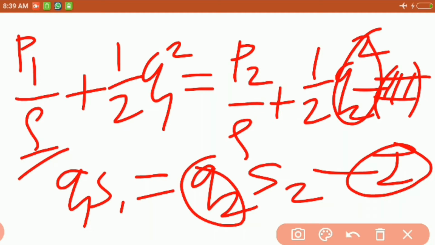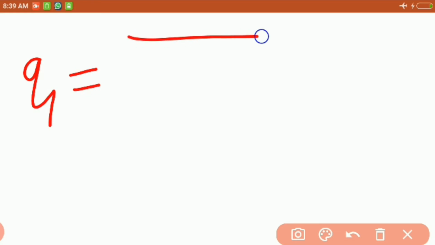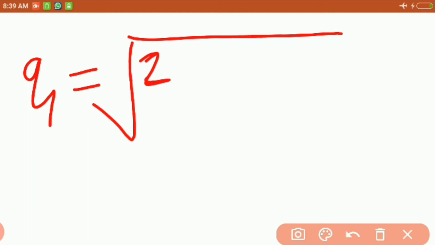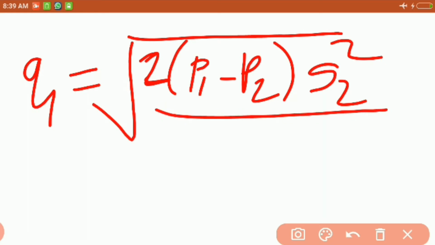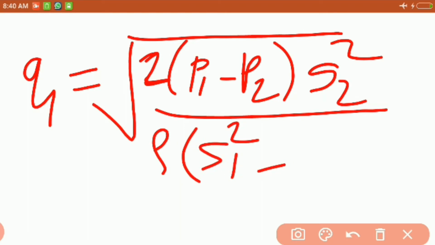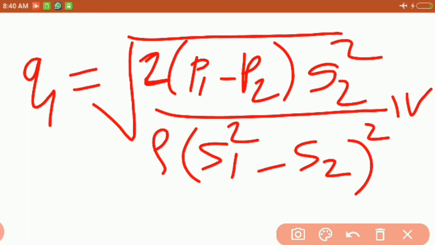After eliminating Q2, we get Q1 is equal to root of 2 (P1 minus P2) S2 square divided by rho (S1 square minus S2 square). Suppose this is equation 4.